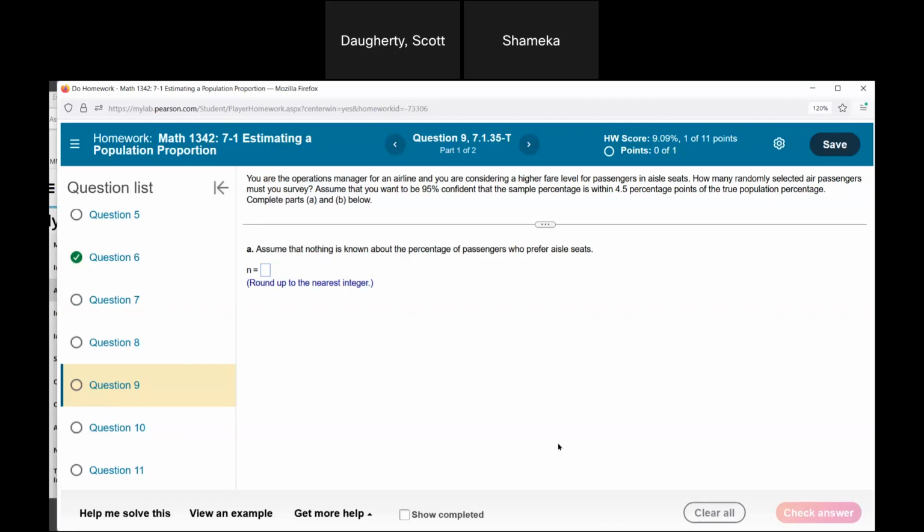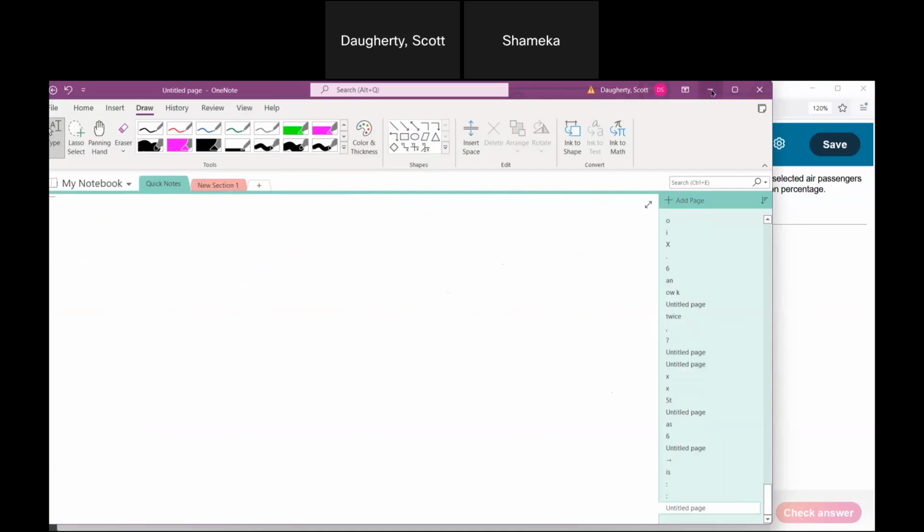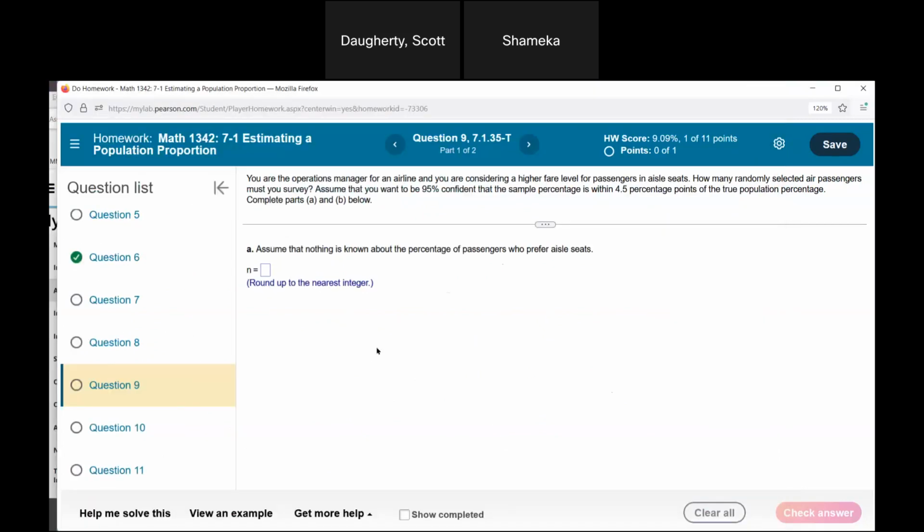It's called a sample size determination problem. And so the idea here is we're trying to determine how large of a sample do I need to take in order to get a certain margin of error or less, like within a certain margin of error.